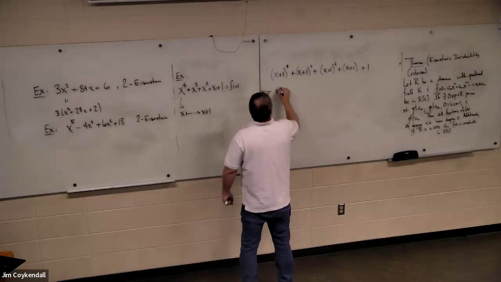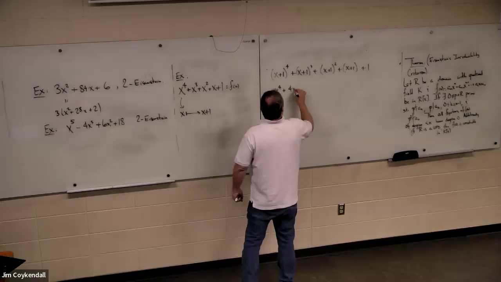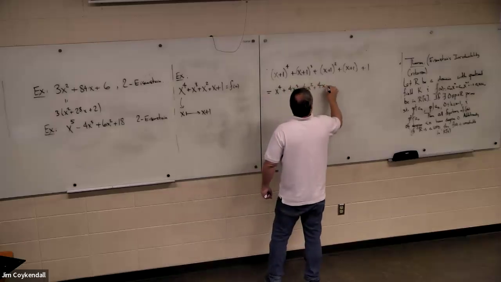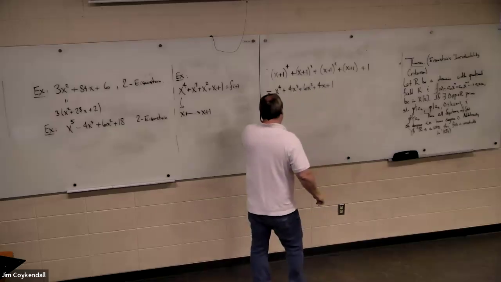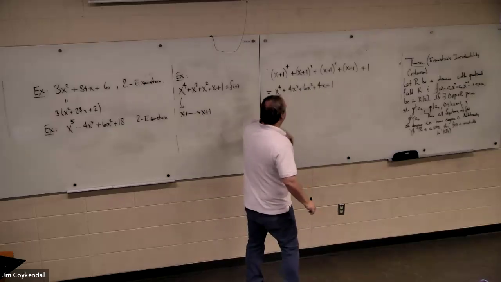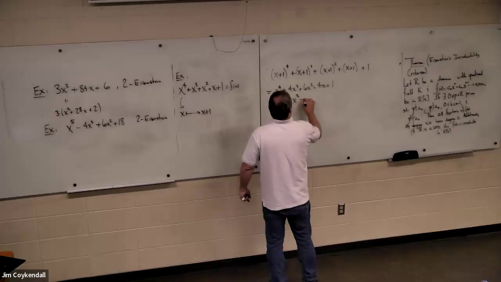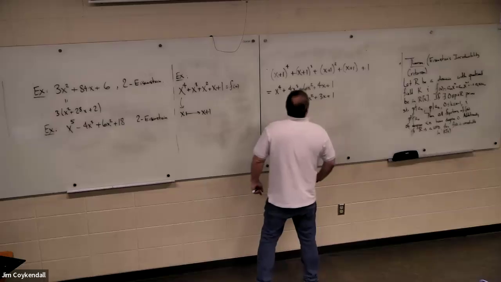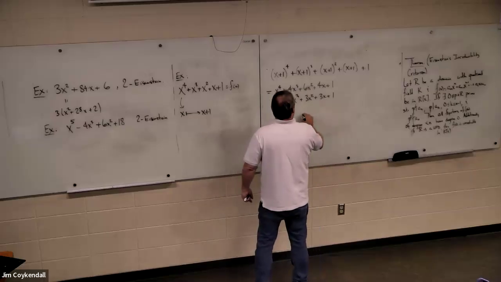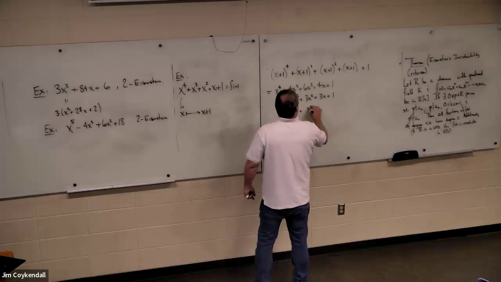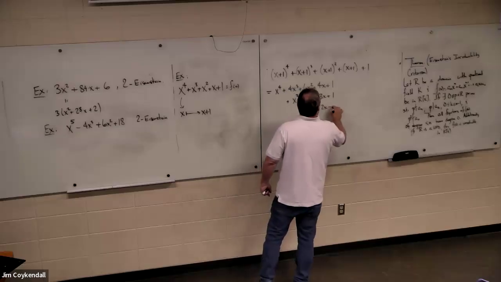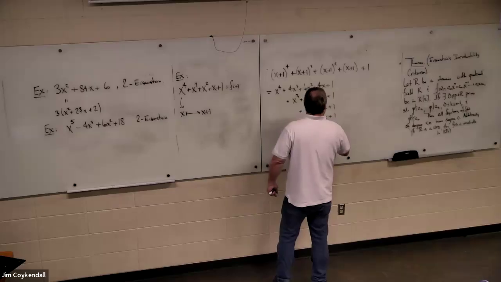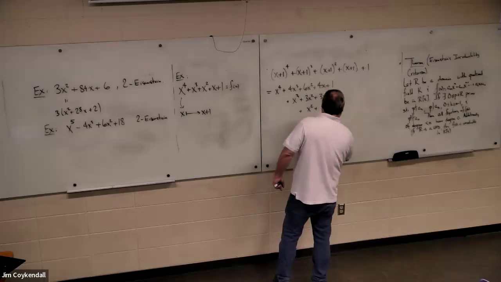And this is x to the 4 plus 4x cubed plus 6x squared plus 4x plus 1. Now we're going to line it up here. x cubed plus 3x squared plus 3x plus 1. x squared plus 2x plus 1. x plus 1 plus 1.